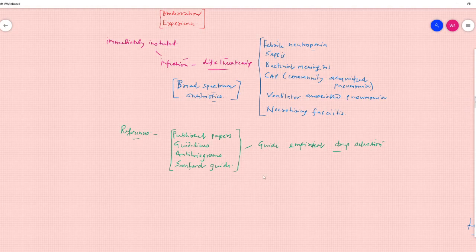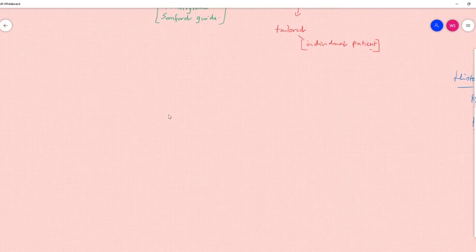The point to remember is that the empirical drugs that are selected should be tailored to the individual patient. Okay, so this gives general information, and that information should be used in conjunction with the situation of the individual patient. Only then it should be administered. Okay.